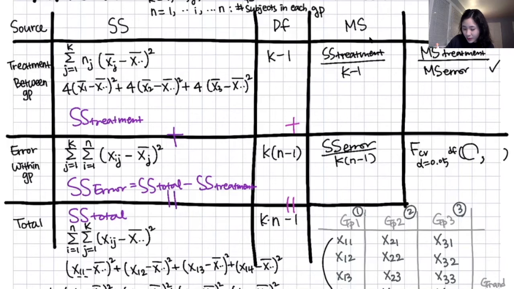The first part is from my numerator, the mean square treatment, whose degrees of freedom is k minus 1. The degrees of freedom of the second part, the mean square error, is k times n minus 1.